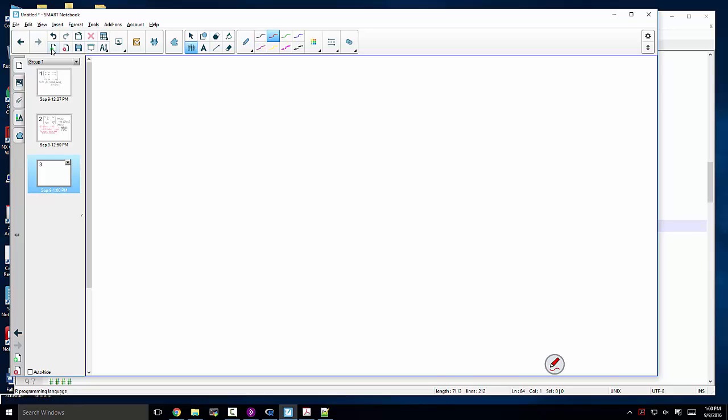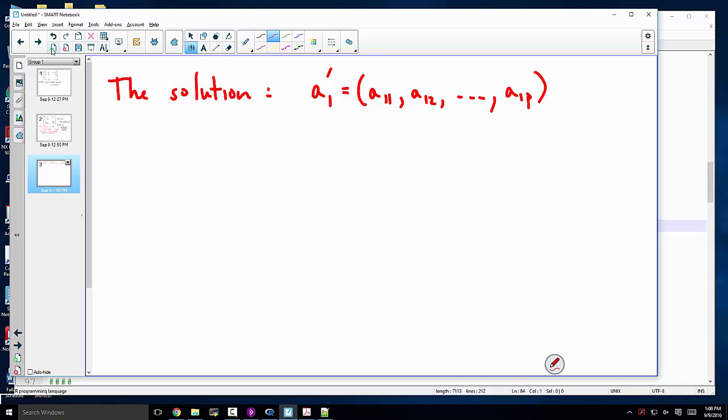So the solution. Let's say that a1 is a vector. We have a11, a12, dot, dot, dot, a1p. We have p constants for creating this one new variable. So I'm going to say a1 transpose is the vector of the constants a11, a12, through a1p.